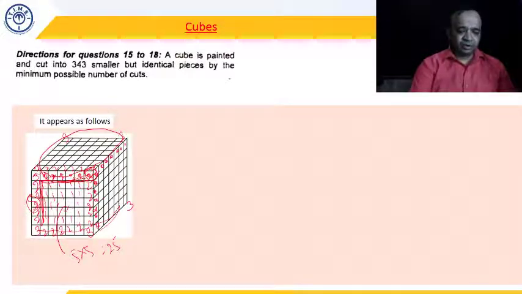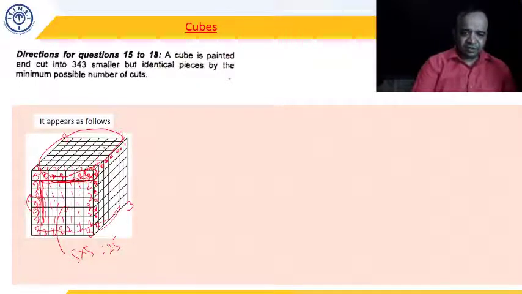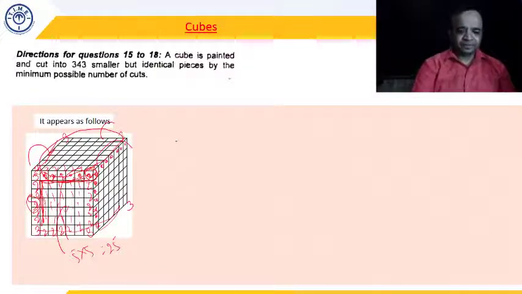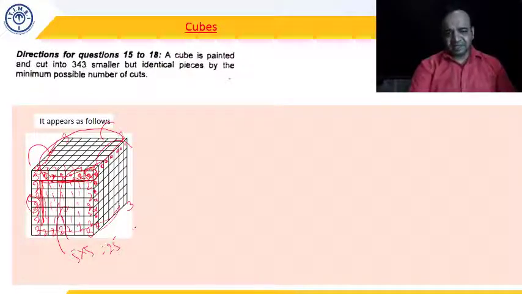If these two are removed, then can I say the no face painted pieces will be lying inside? Similarly, from this side, one layer is removed. From this side, this layer is removed. So 5 are remaining here. And from this, it is removed, and from the back, this is removed. So if these layers are removed, the remaining portion is the pieces with no face painted.